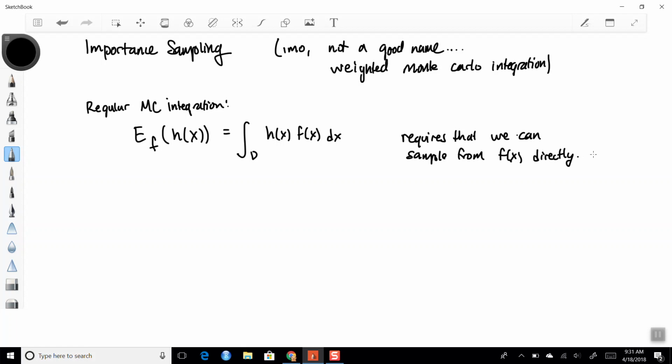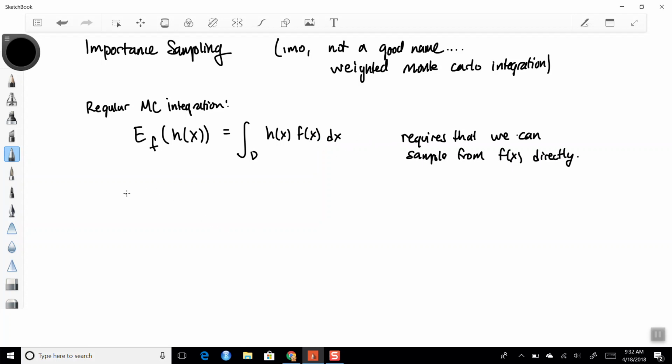In our two examples, f of x has been some kind of constant if we're sampling from the random uniform, or f of x was the normal PDF, and we can sample from the normal distribution directly. But we might have some function f of x, and we are unable to sample from it directly.